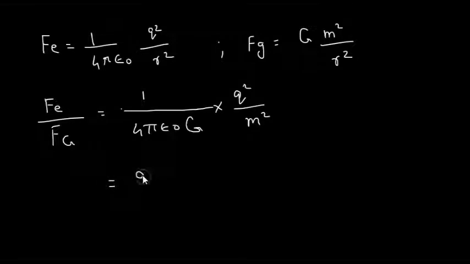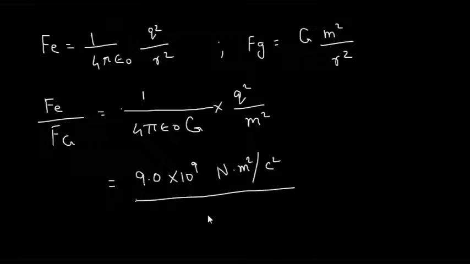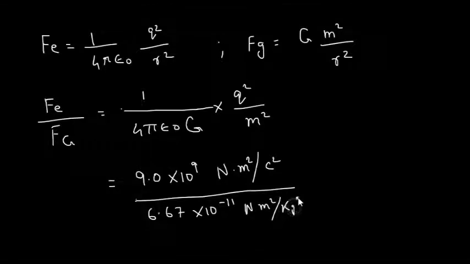Now putting in the values. 1 by 4 pi epsilon naught is 9.0 into 10 to the power 9 newton meter square per coulomb square, upon G, the universal gravitational constant, which is 6.67 into 10 to the power minus 11 newton meter square per kg square.